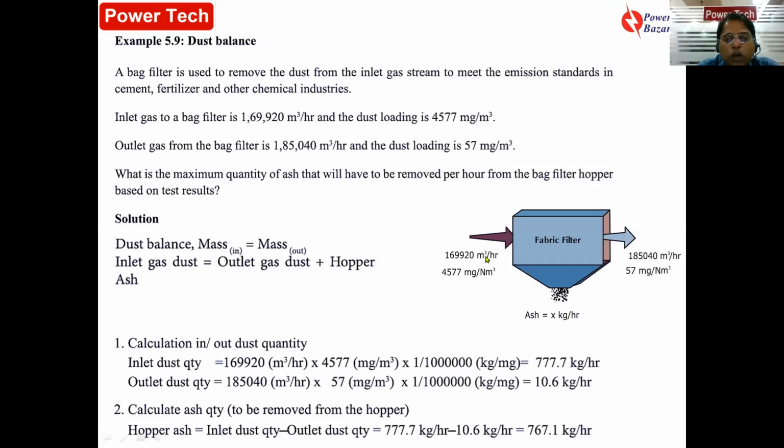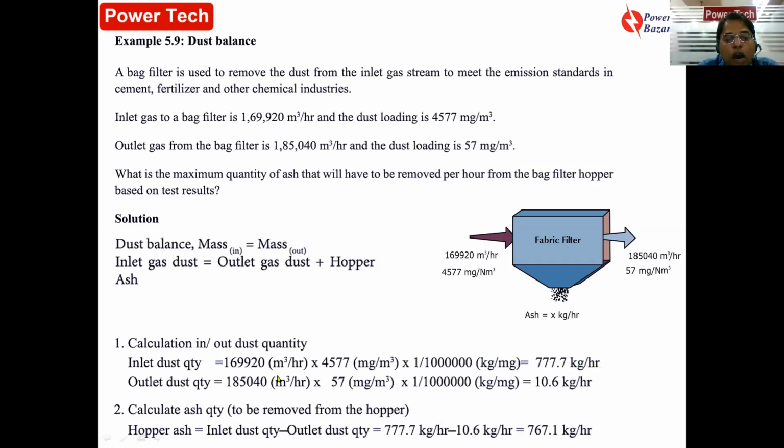The flow rate in Nm cube per hour times the dust loading. This is in milligram, so 1 kilogram is equal to 10 to the power 6 milligram. We divide by 10 to the power 6 to get a simpler unit in kg. So the inlet dust quantity is equal to 777.7 kg per hour.